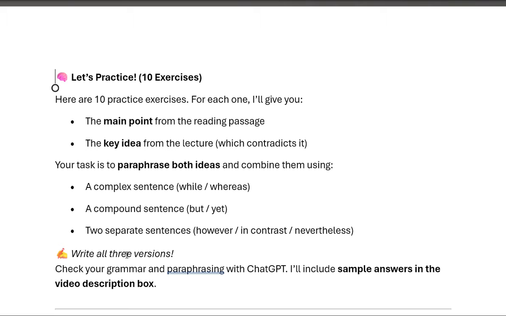In the second body paragraph, you can combine the two main points using a compound sentence. In the third body paragraph, you can combine the two main points using separate sentences. If you do that, you're showing good grammatical range with subordinating conjunctions, coordinating conjunctions, and transition words. And I'm telling you, that shows a very good range of sentence structure and vocabulary knowledge of the English language.